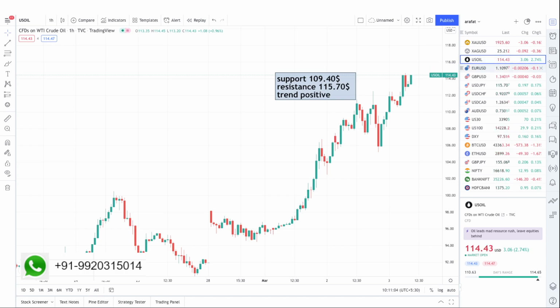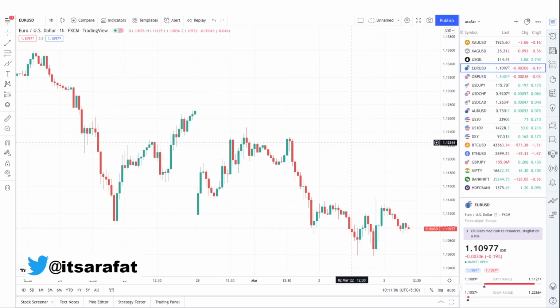Let's move on to euro. This is euro. It is also under extreme pressure since Russia invaded Ukraine, because this time gold and the dollar index are both on the rise. That is why it is under extreme pressure, because of the higher dollar index. So let's have a look at resistance and support for now.